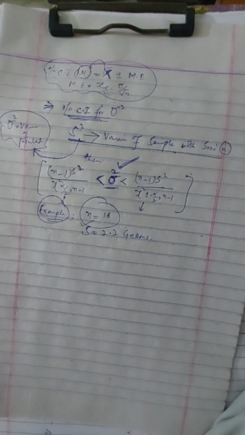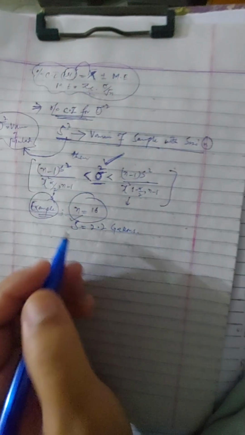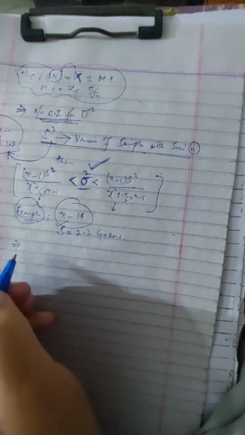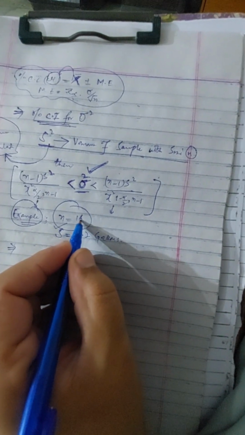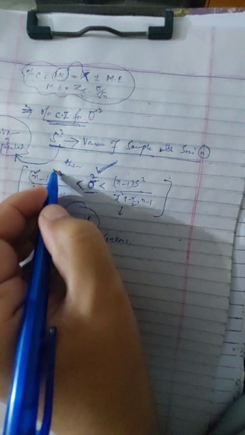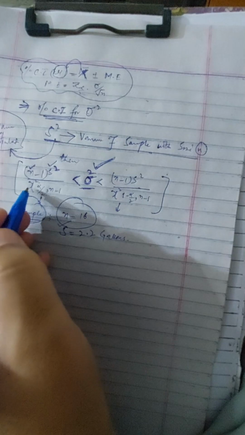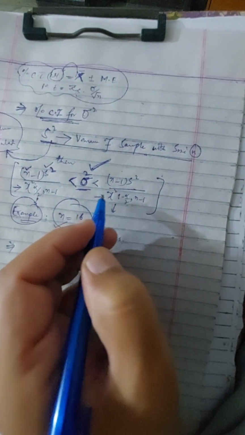So we have S over here and we have N over here. If we see the formula, we have N and S, so we can find S square. We need to find this from a table, this also from a table.